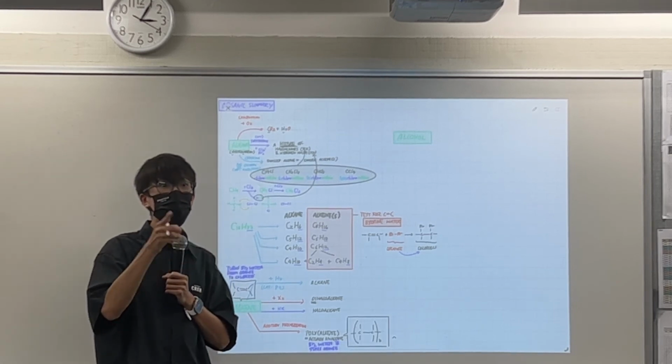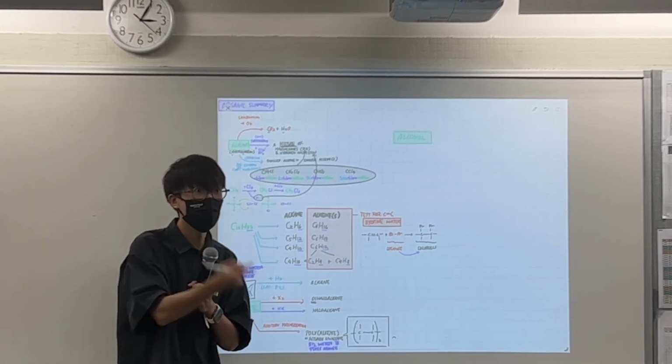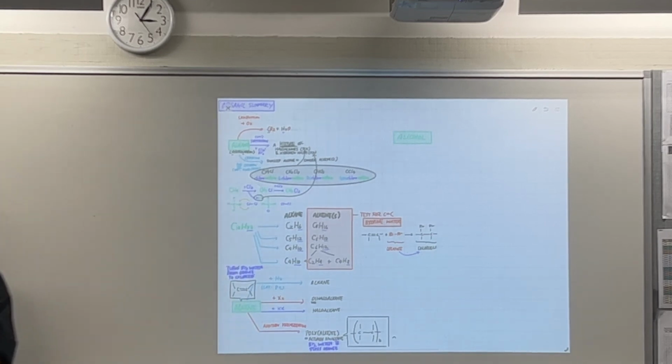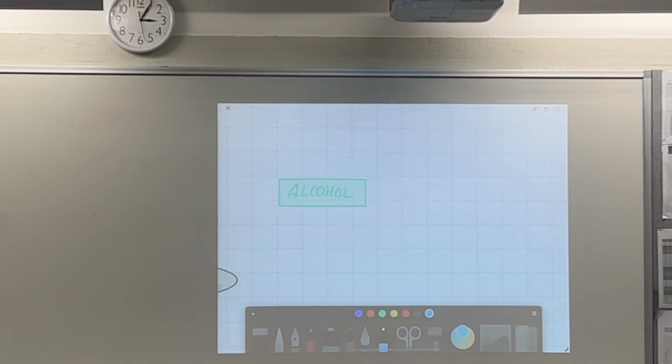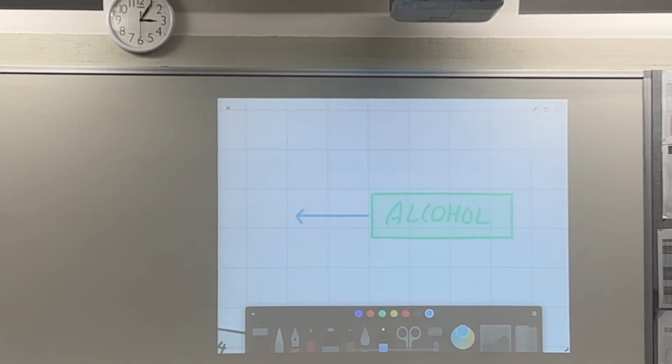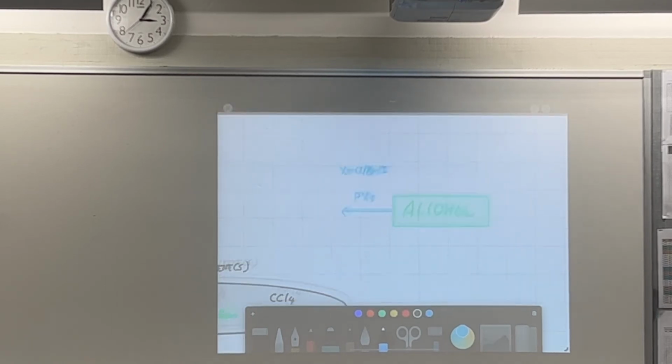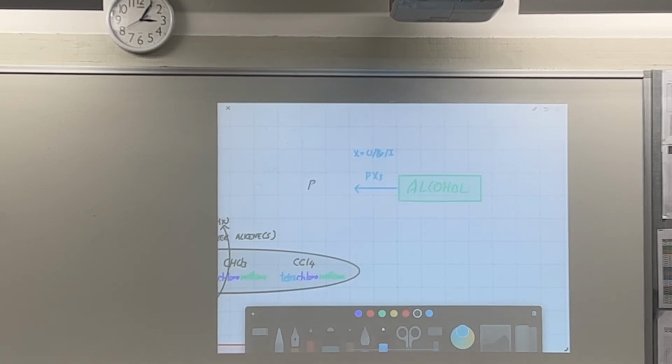If it wants you to make iodoalkane, PI3. It's always PX3 in other words. Write this down. For alcohol, you can turn them into haloalkane by using PX3. X is equal to Cl or Br or I, depending on the question. So you will get RX. If you use PCl3, you get RCl. PBr3, RBr. That's it. So this is haloalkane.